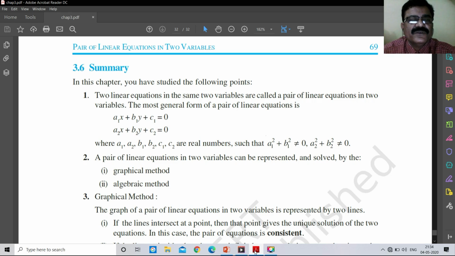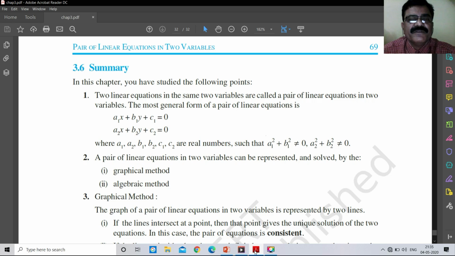Two linear equations in the same two variables are called a pair of linear equations in two variables. So once again, two linear equations in the same two variables are called a pair of linear equations in two variables.